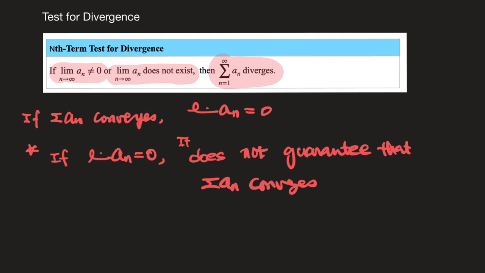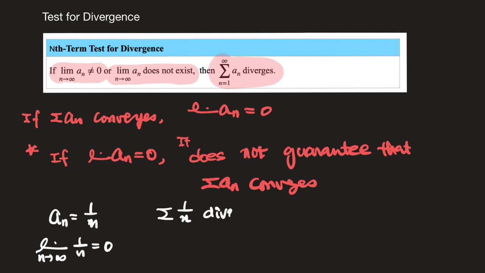Let a_n be 1 over n. Then we talk about the series. The limit as n approaches infinity of 1 over n is going to 0, right? But this series, we're going to prove later, diverges. So the general term going to 0 doesn't guarantee the infinite series converges.